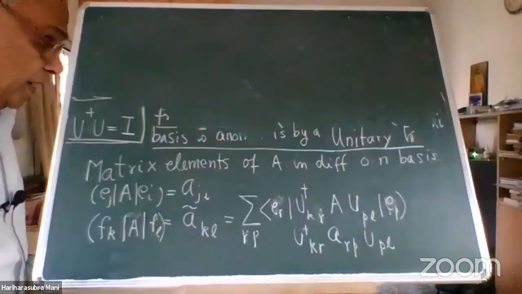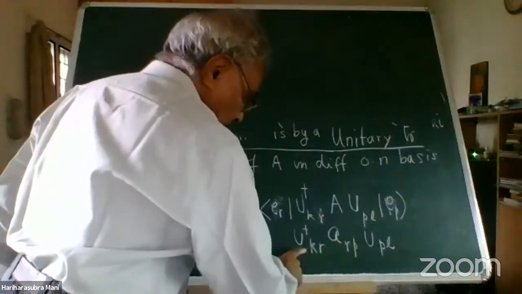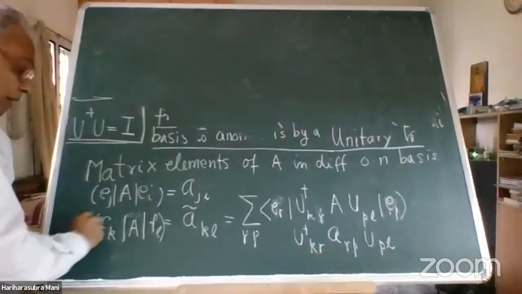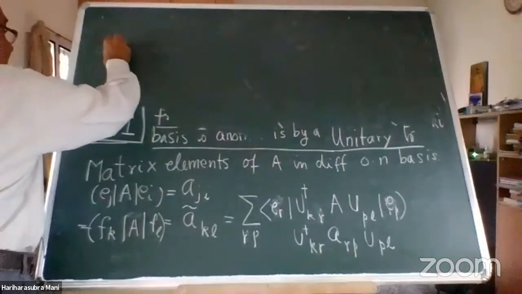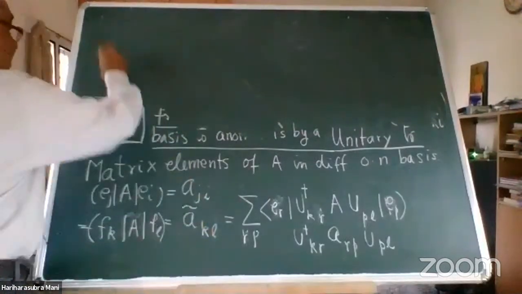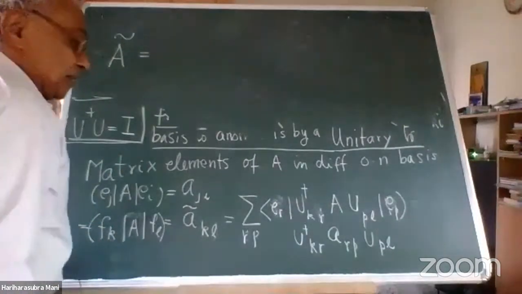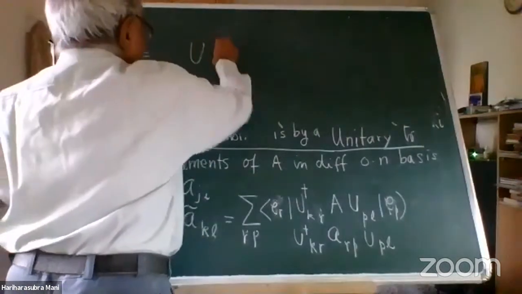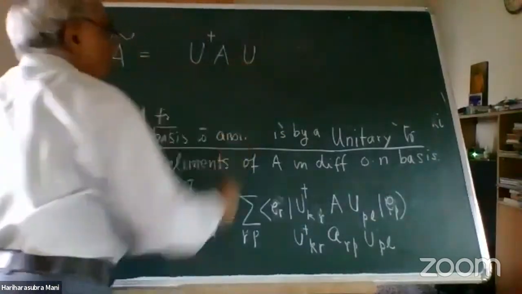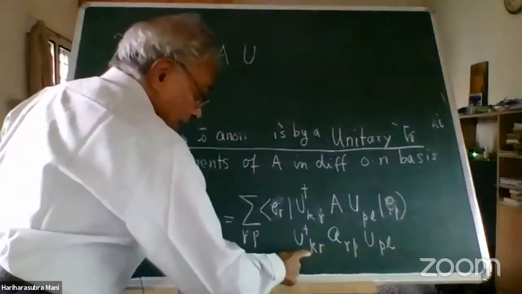You conclude from there, this is U summed, and these are matrix elements of A. So I get this matrix element A. If I write this as a matrix A tilde in the F representation, this is U dagger A U, kl.